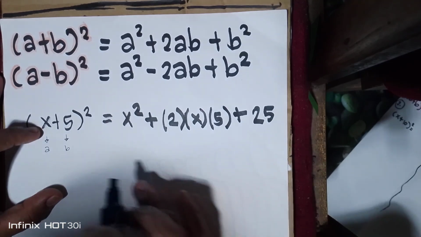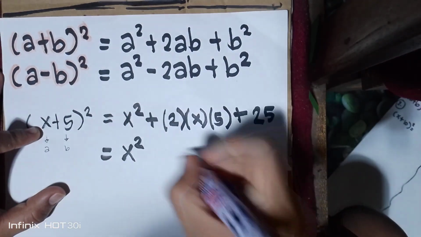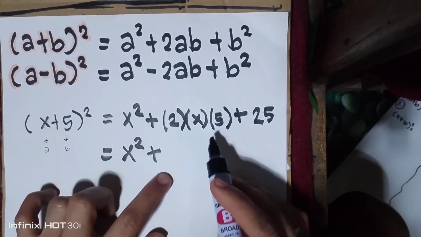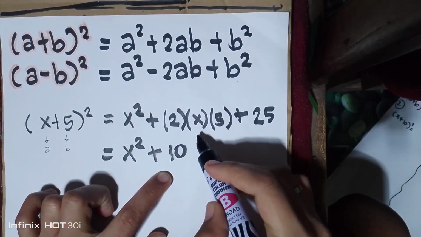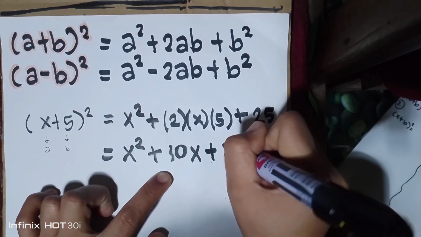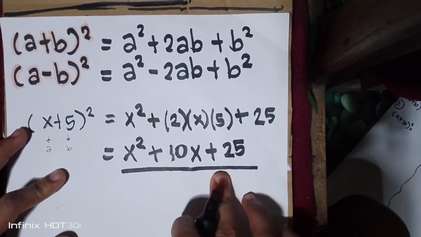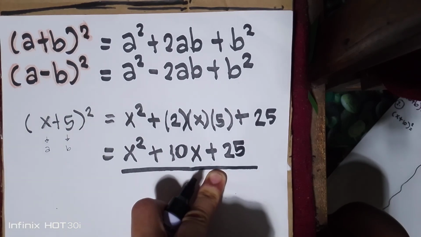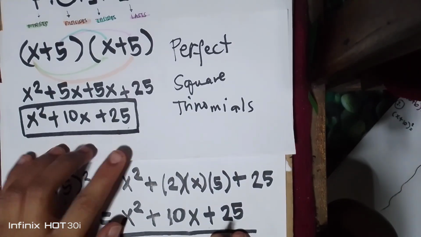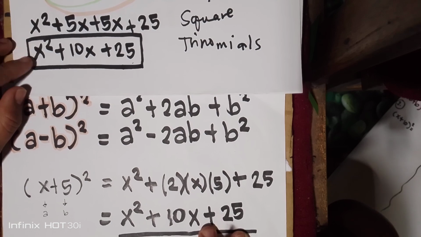Okay. So, simplify, we have x squared plus 2 times 5 is 10. Copy the variable x, plus 25. So we have x squared plus 10x plus 25. And with our answer a while ago, we come up with the same answer.